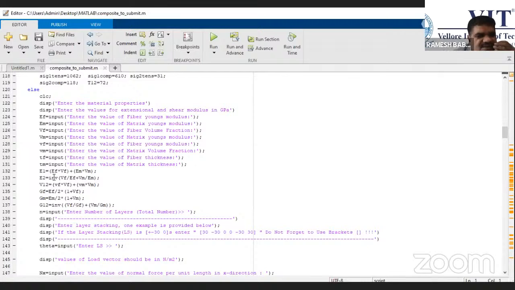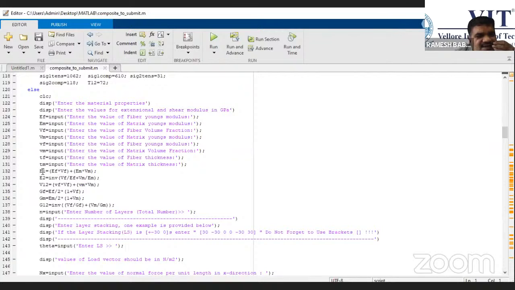So here, we can take the fiber as well as the matrix values and the volumes. According to these, we can find out the fiber direction Young's modulus and the Young's modulus of the matrix.